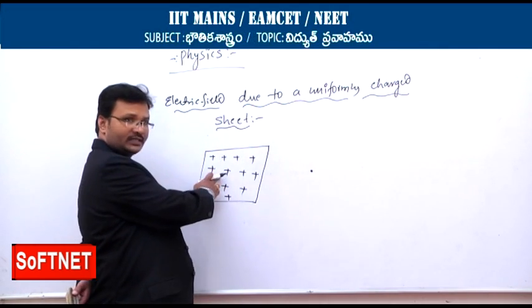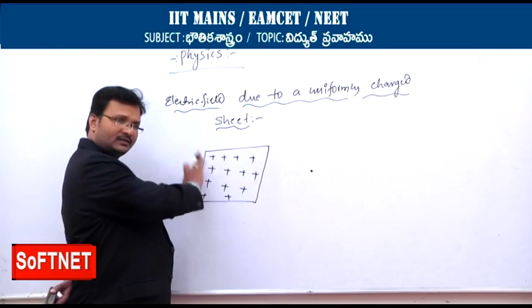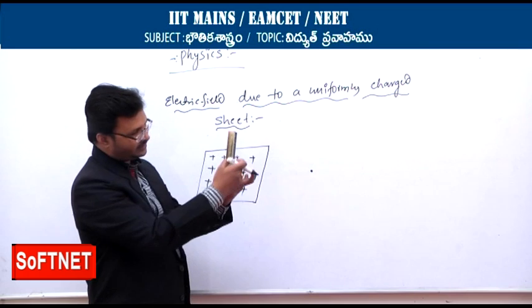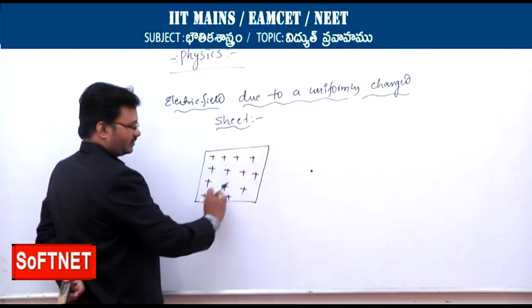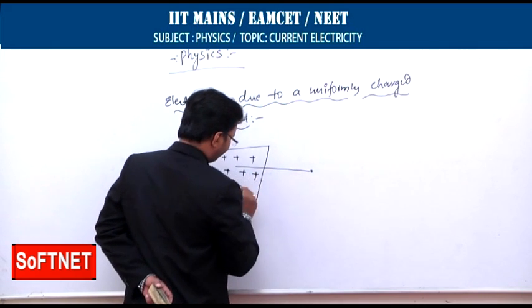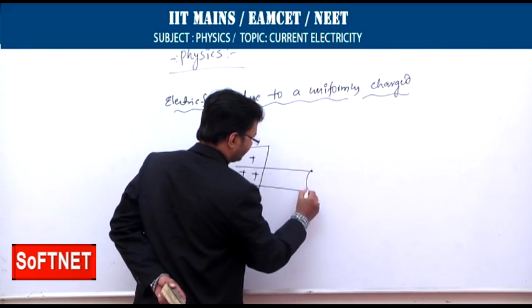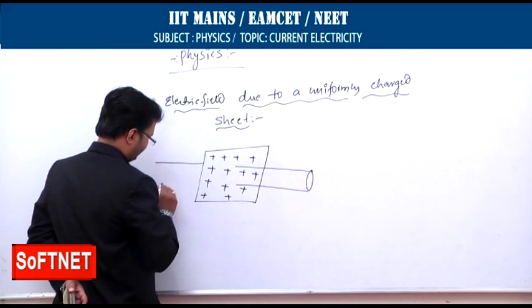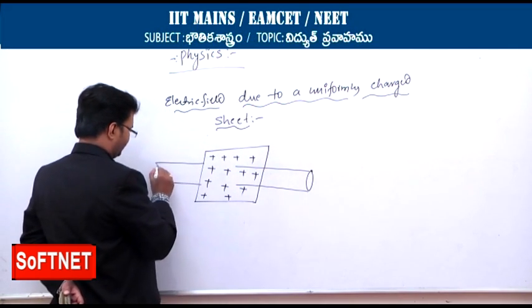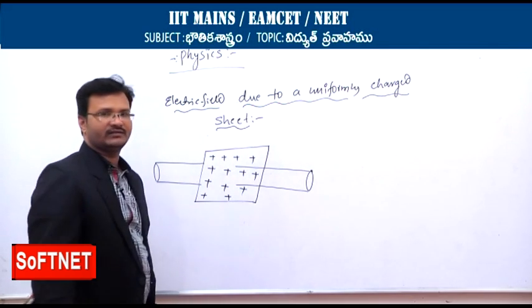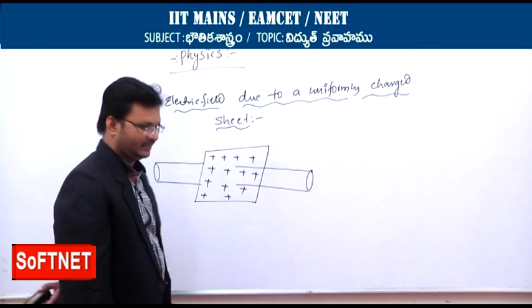Charges are placed on both sides. For example, this is the sheet, here charges are there, and here charges are there. Clear? Now, consider a Gaussian surface. This is the cylindrical Gaussian surface passing through the sheet.